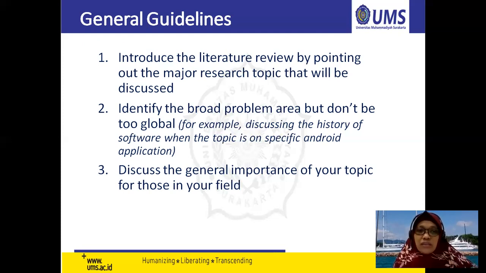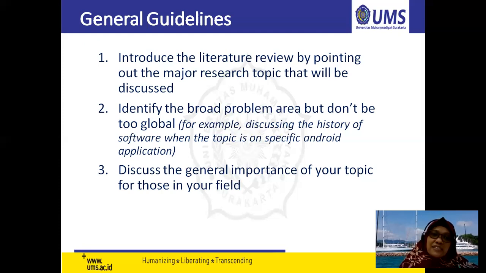It would be too global if I discuss the history of software. So we must discuss mobile software, then mobile software and tools, and after that we can discuss Android applications.